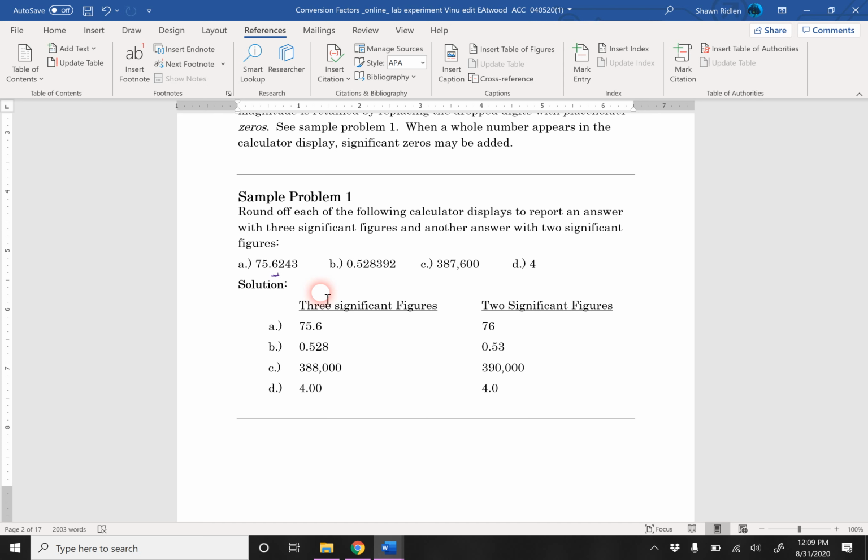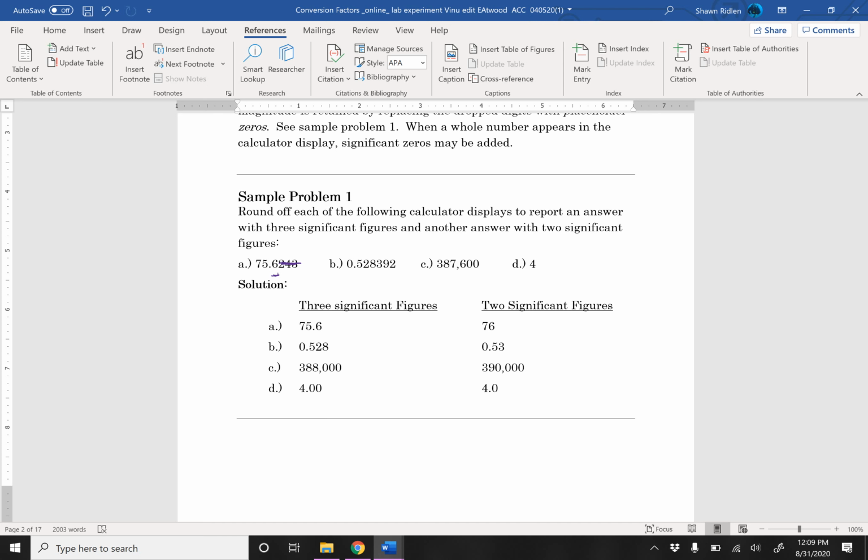Okay, so we know that we have 3 sig figs. We want to have 3 sig figs. So we have 75.6243. That means we're going to forget about the 2, the 4, and the 3. But the 2 tells us how to round the 6. So do we round it up or do we round it down?